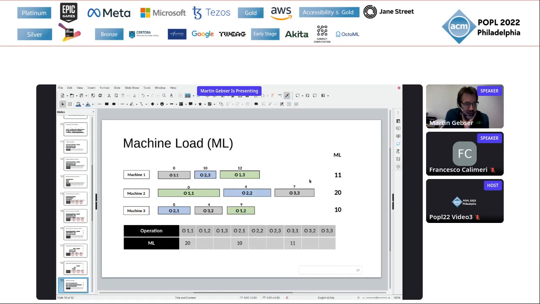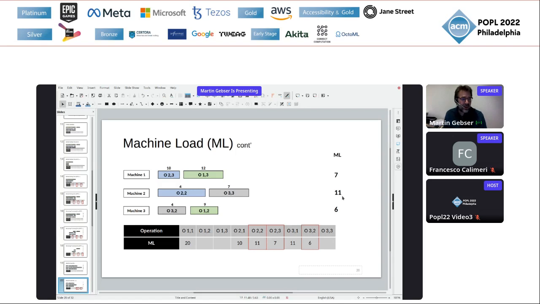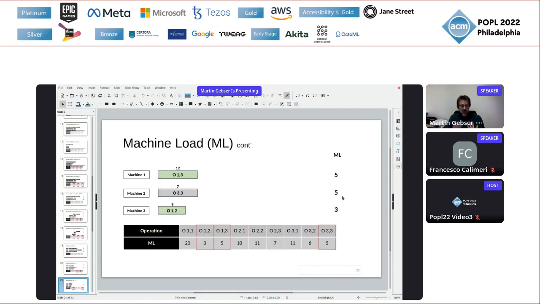Then I can say, okay, when this operation is there and needs to be executed, its machine load is the entire sum of operations that want to run on this machine. And then we go again in this order, and the machine load successively reduces, and we attribute the work that still remains on each machine to each of the operations. We have another measure, okay, that's what we can do in addition.